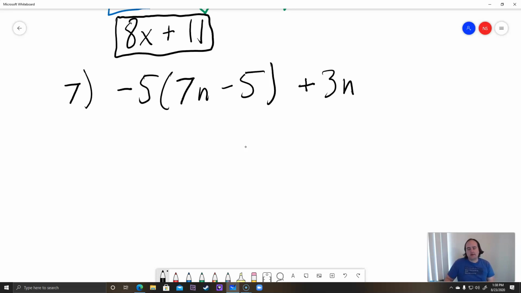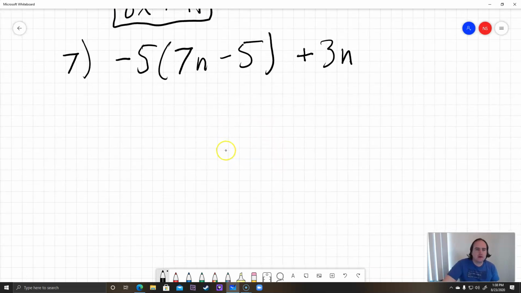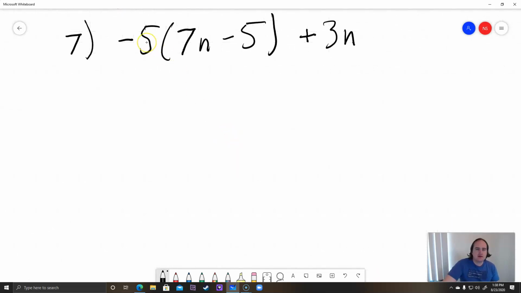Okay, so what did I say we're supposed to do first? Remember, in the last problem I said the first thing you want to do is combine like terms. No, that's not what I said. What did I say? Distribute. That's right. So I said distribute first, then combine like terms. So here what we have to distribute is the negative 5. We have to distribute that to the 7n minus 5.